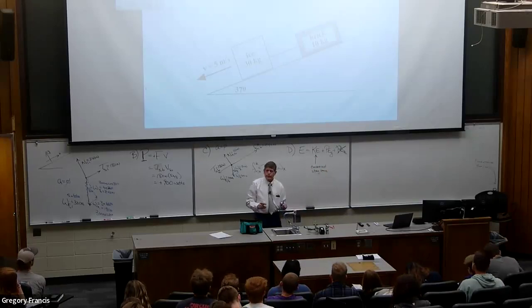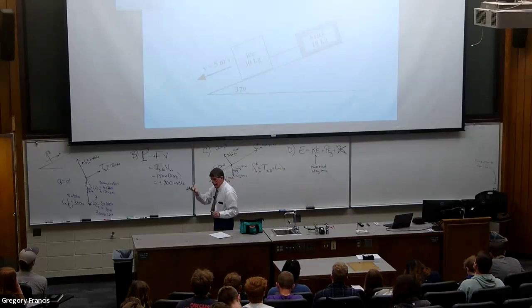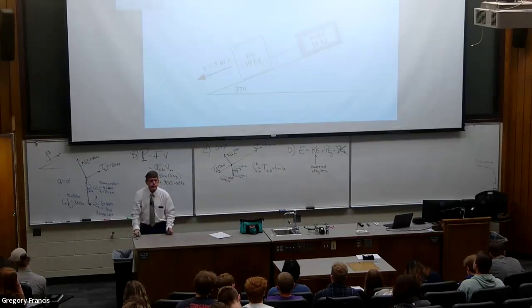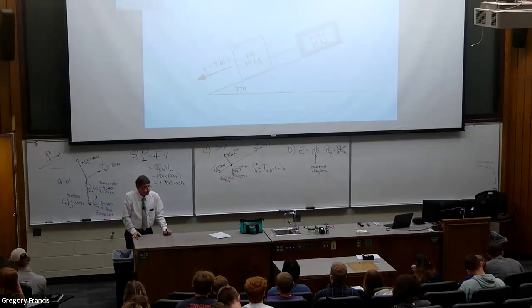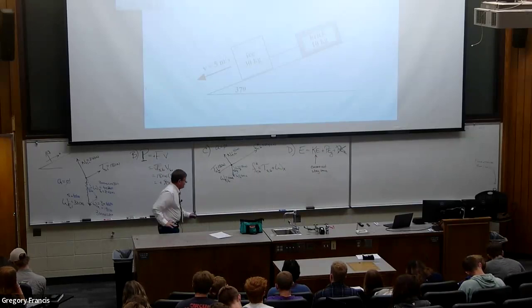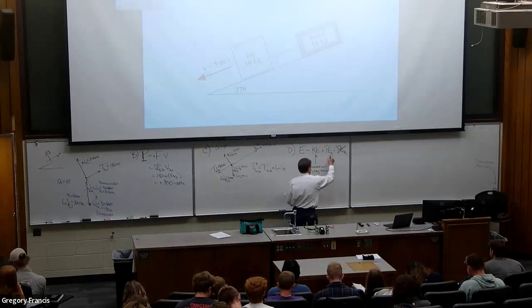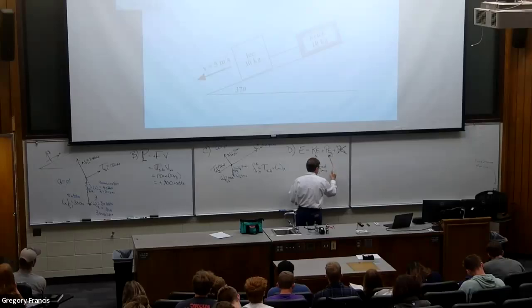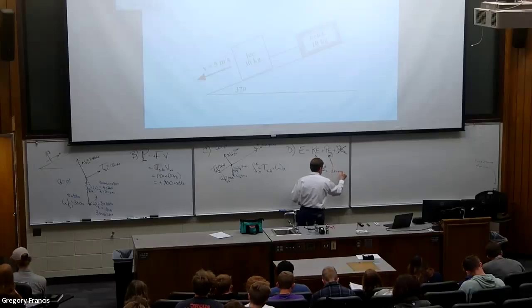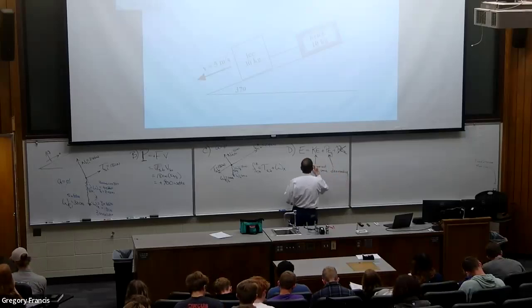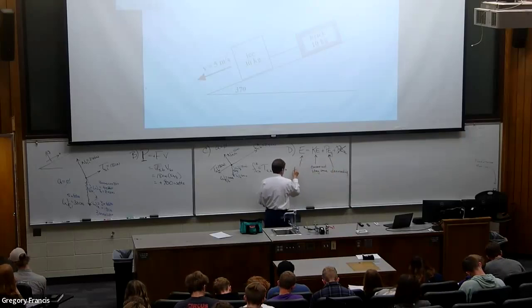But the gravitational potential energy, as the ice gets closer to the center of the earth, is decreasing. And so this term is getting smaller. And that means that the sum of those is going to be getting smaller.